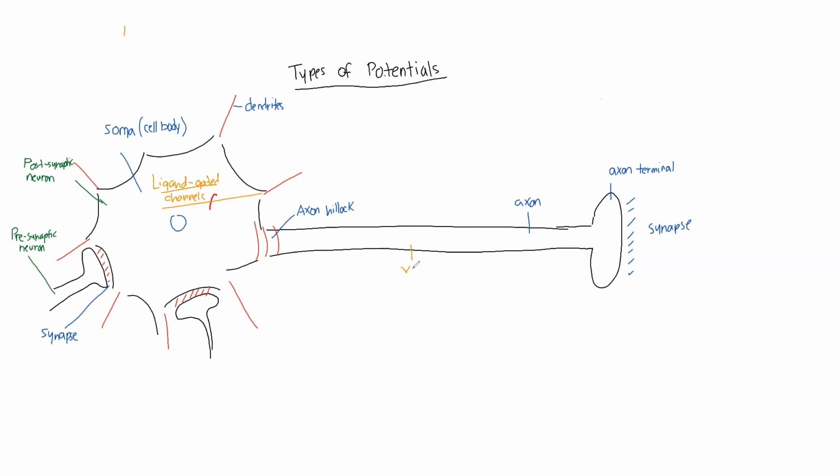And I'll talk about what these terms mean just in a minute. So here we have our voltage-gated channels. And then on the axon terminal, we have calcium channels.